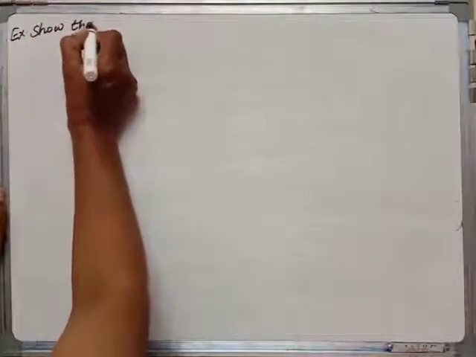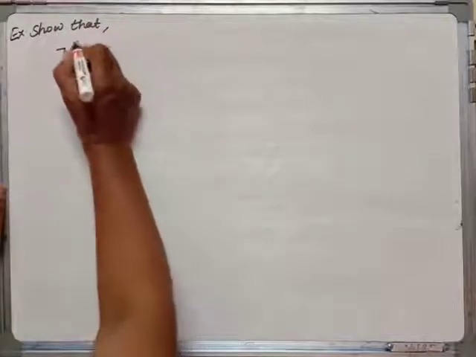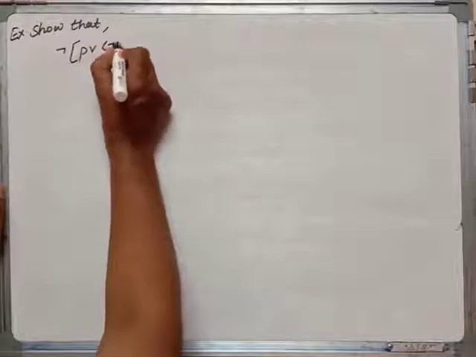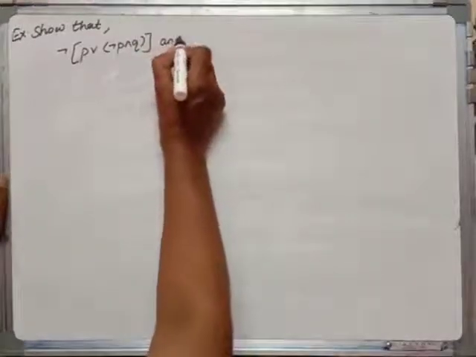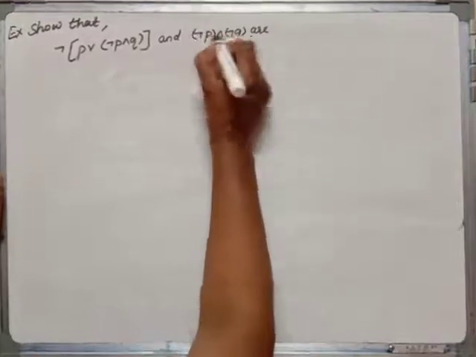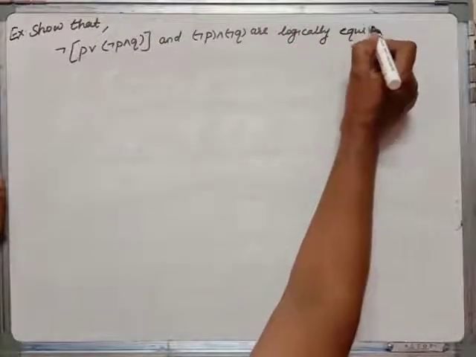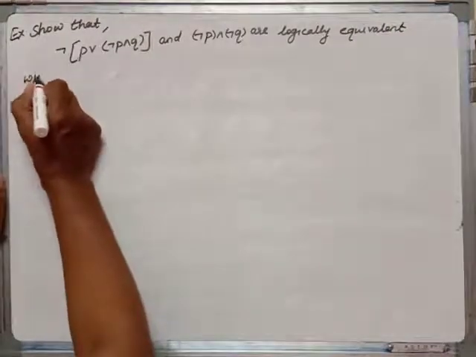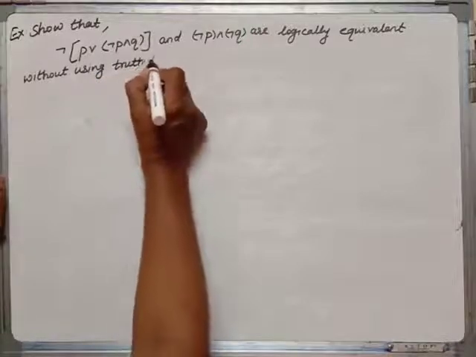Show that negation (P or (negation P and Q)) and (negation P and negation Q) are logically equivalent without using truth table.